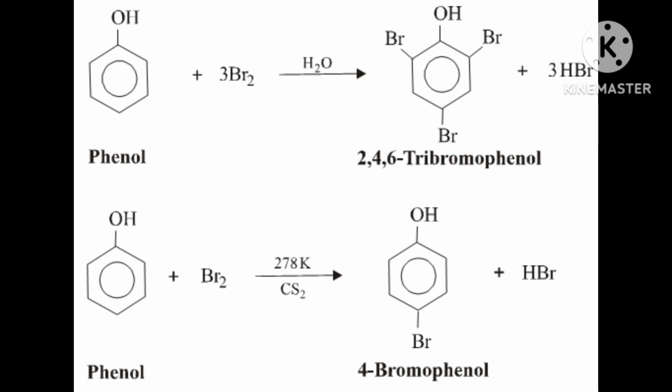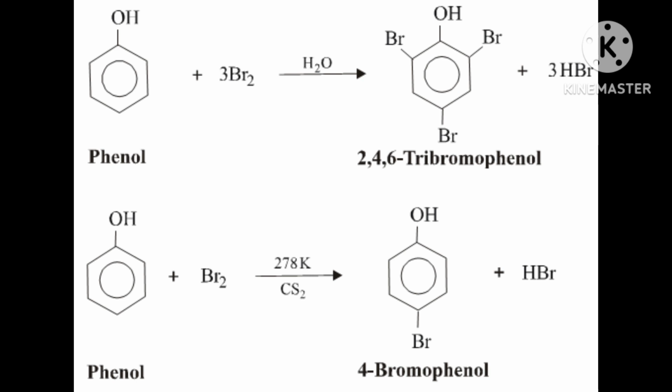At the ortho position OH is there, and with respect to OH, the next carbon has NO2 attached. Suppose OH is attached to the first carbon and NO2 to the second carbon. Then hydrogen bonding will take place. The H of OH and the O of NO2 are close. They will make a hydrogen bond.